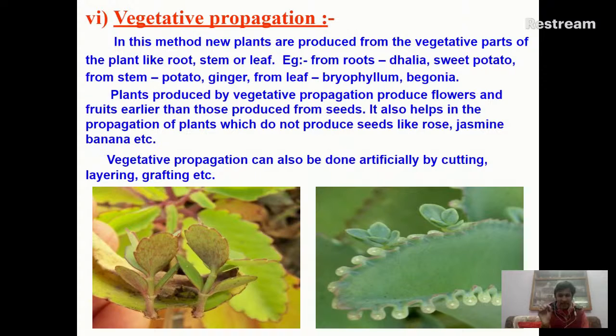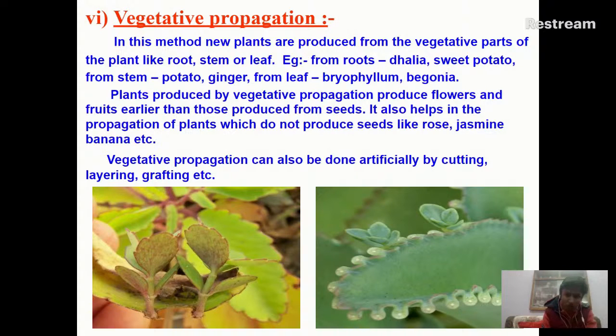Like banana, at the downside of the banana there is a seed from which a banana tree is grown. Okay.